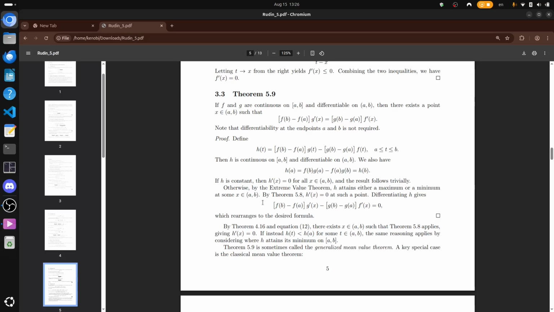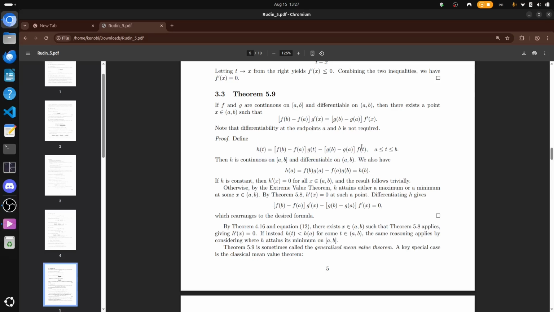Wait a second. Let me just think about this. Yeah, basically we want to show that h prime of x is equal to 0 so that we can get this expression.